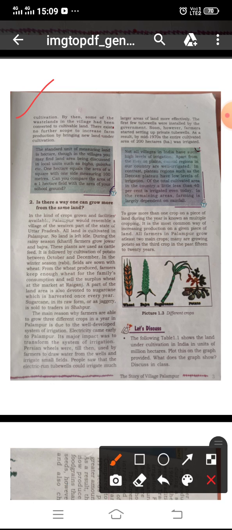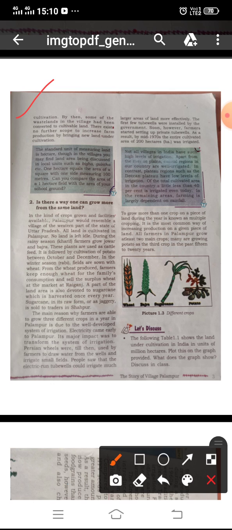Some farmers were very laborious, and they also had knowledge about farming. They began to sow three times. From May to September they sow rice, from October to December they sow potato, and from December to April they sow wheat.